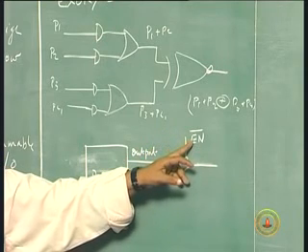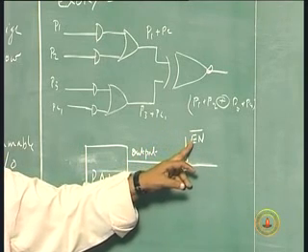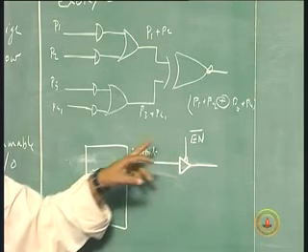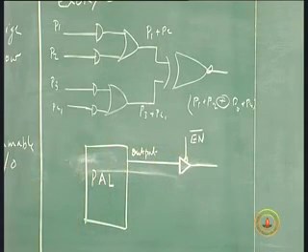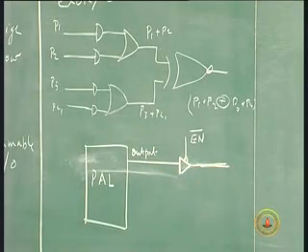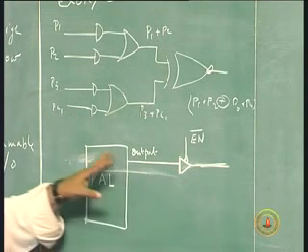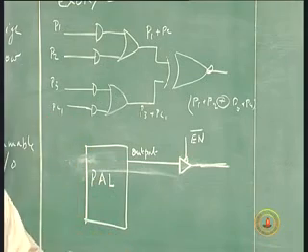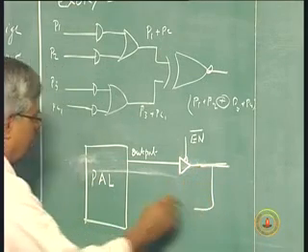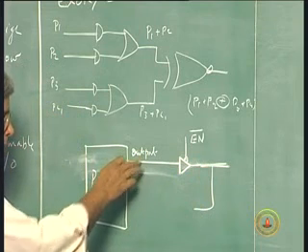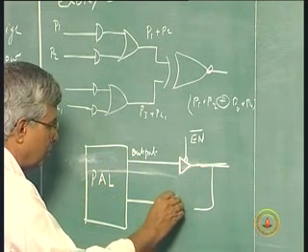When enable is 1, this is disabled, which means there is no connection between output and input electrically. That means it is as if this is a mechanical projection available to me which has no connection to the rest of the circuitry. All I need to do is to use it as an input. This is the same pin, because this output pin will be used as an input now.